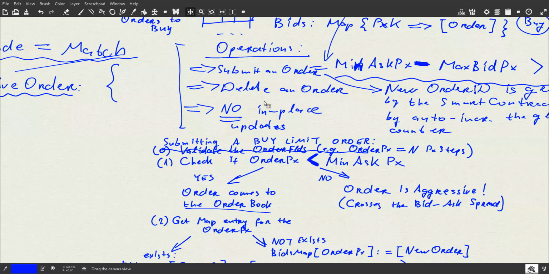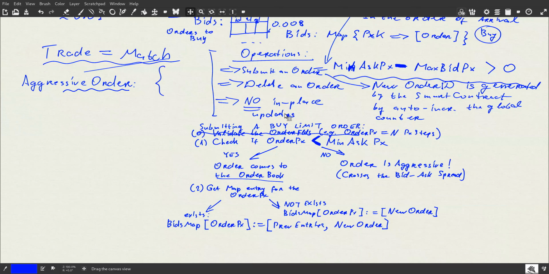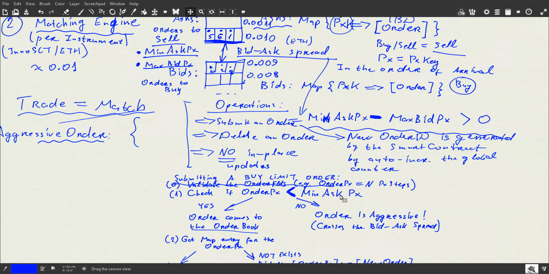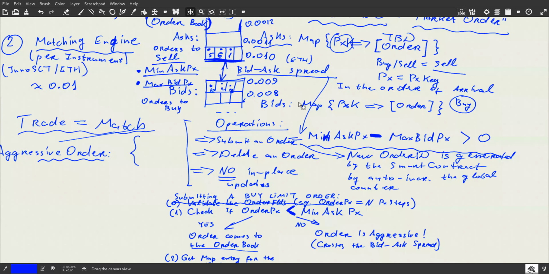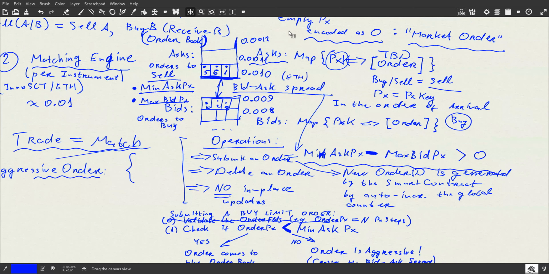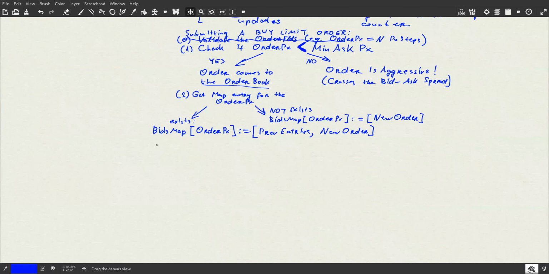But may I ask you, okay, we understand how to submit an order, how to delete an order. When you delete an order, then the delete request comes by order ID. For example.